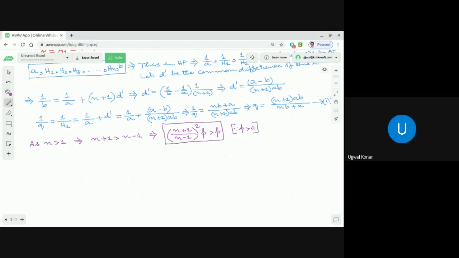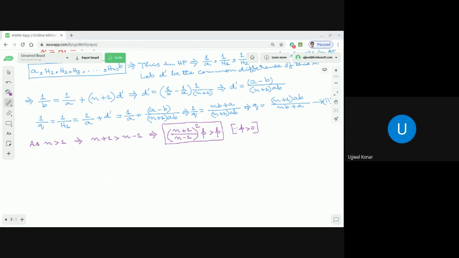If we show that, then we can say q is less than p. We have already achieved that p is less than ((n plus 1) by (n minus 1)) whole square into p. So we will be able to establish it. Are you getting my point? That is why we need to show the inequality relationship between p and q.